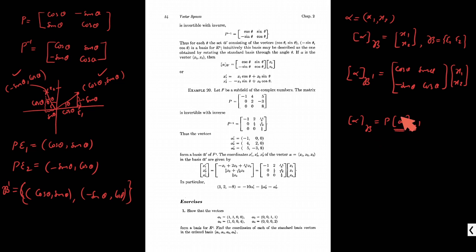So these coordinates can be obtained by multiplying this coordinate vector with P inverse. So this is P inverse. You can write it as x1 prime and x2 prime, those are the coordinates of alpha relative to B prime. So that will be x1 times cos theta plus x2 times sin theta, and minus x1 times sin theta plus x2 times cos theta. So these are the new coordinates.